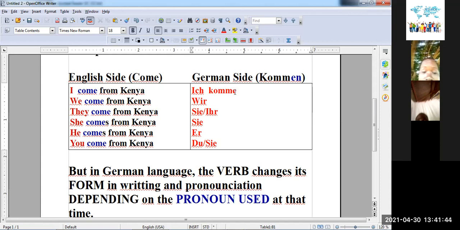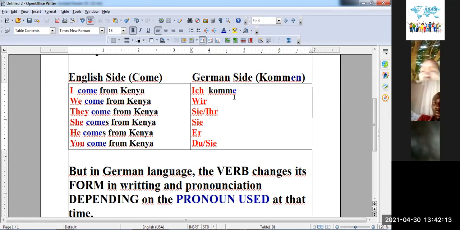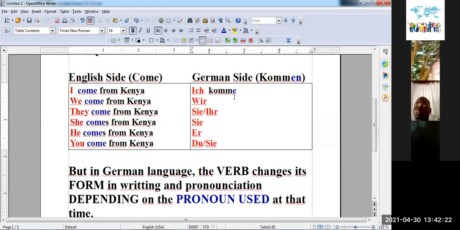At the end I'm going to use E. All the time we build from the original verb, kommen. So when you use ich, any verb is going to end with the letter E. That's the formula: ich equals E at the end.